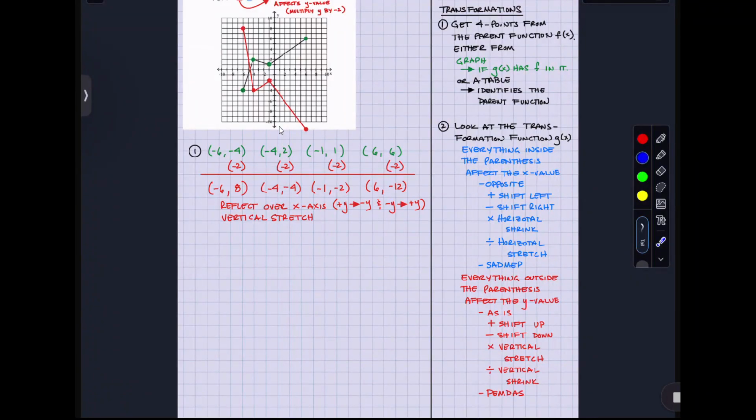Slightly different than if it was an equation, because with the equation you replace the f of x with y, swap x and y, solve for y, and replace the y with f negative 1 of x, which you can't do with a graph. Okay? So that's my bad. I'll take responsibility for that.